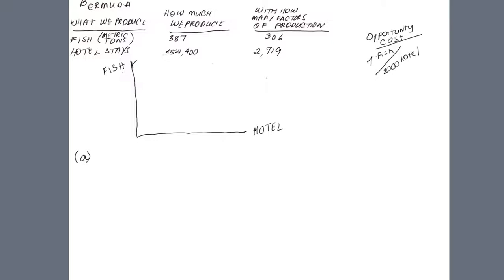What do we lose when all of the fishermen become hotel workers? Well, those fishermen had caught 387 metric tons of fish. So that's what we'll lose, 387 metric tons of fish.